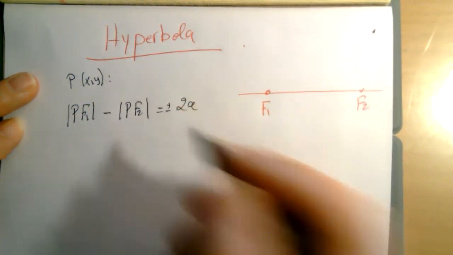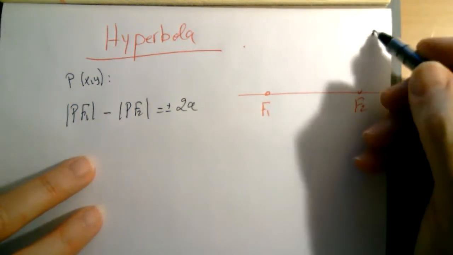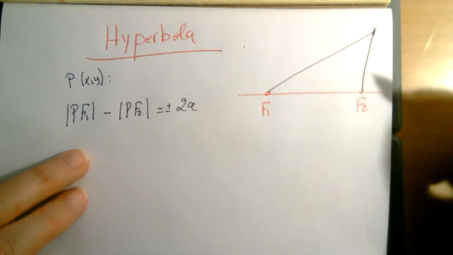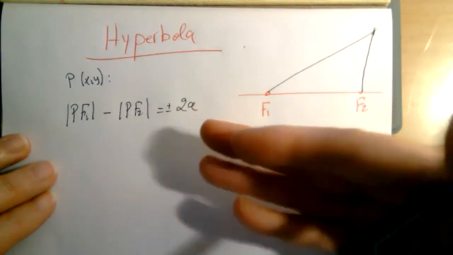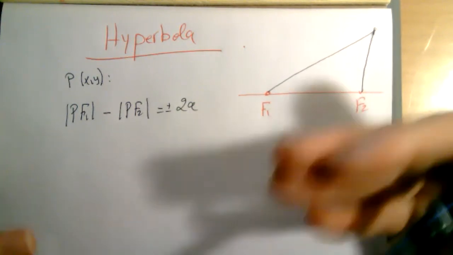It's plus or minus because I'm taking the difference, could be positive or negative. So it's the difference between those two, which is constant. And like the ellipse, the geometry here is actually hard. That's why I'm going to write the equation of the hyperbola for you, and we're going to analyze it.